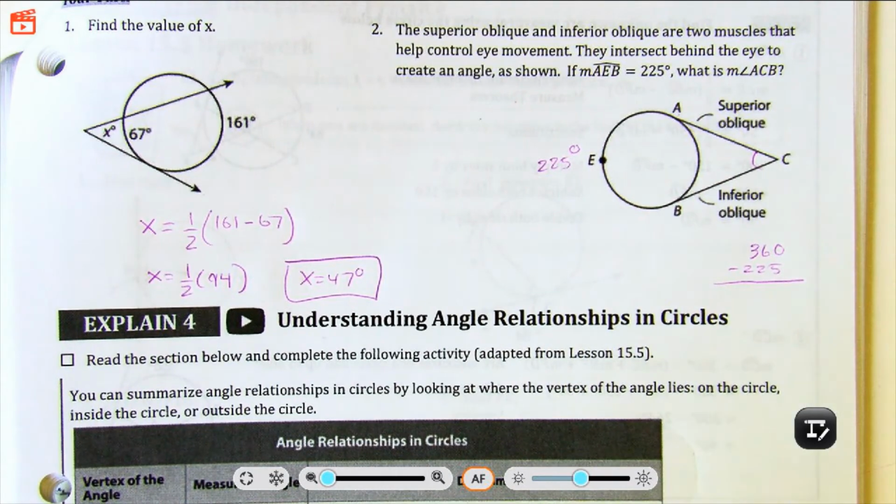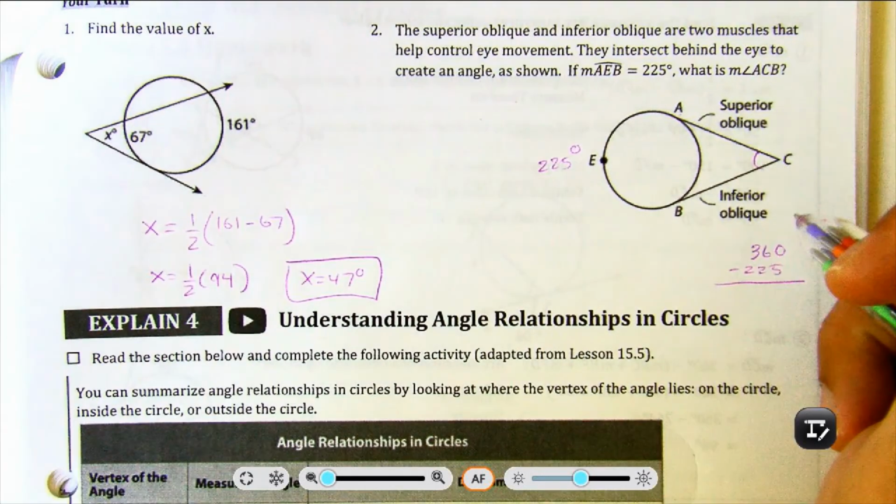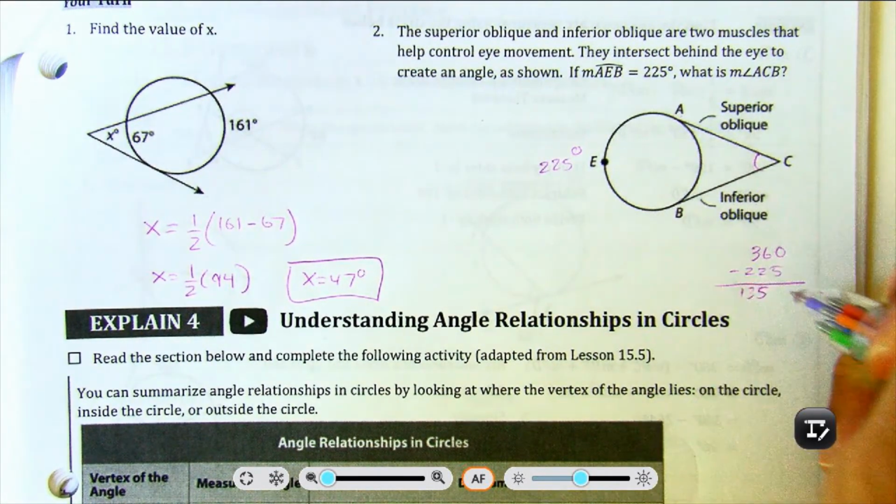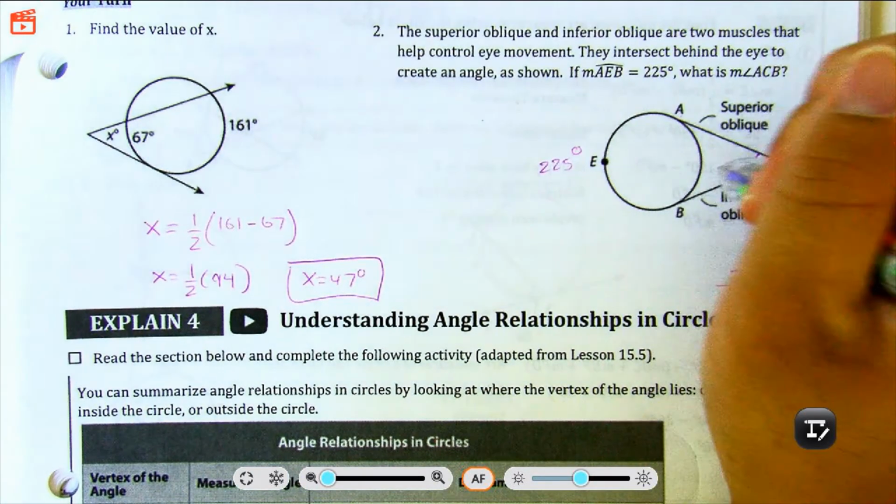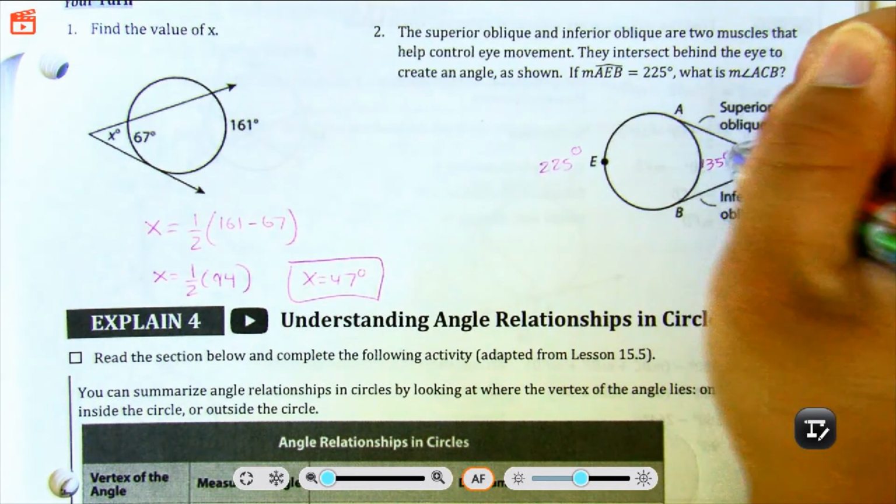So 360 minus 225 is 135. And that's what the minor arc is here, 135 degrees.